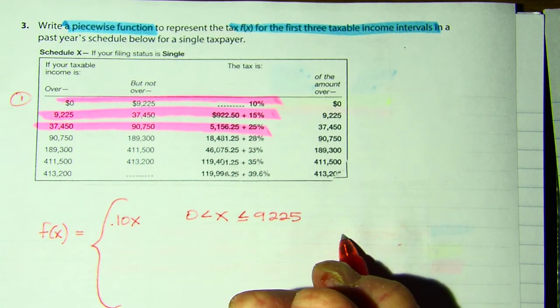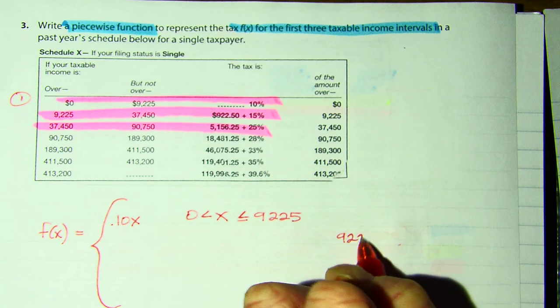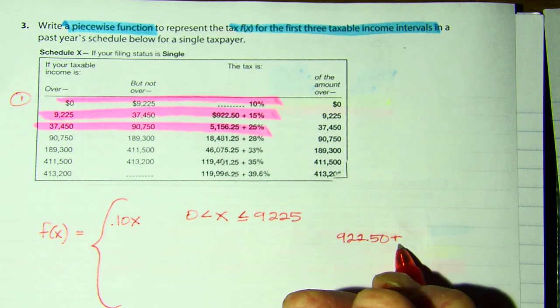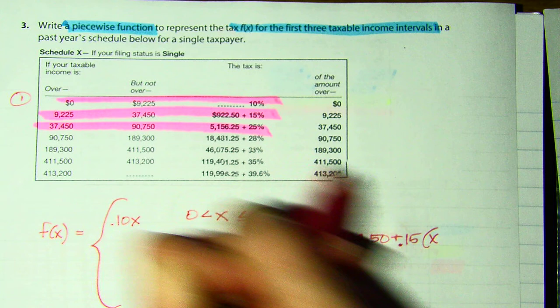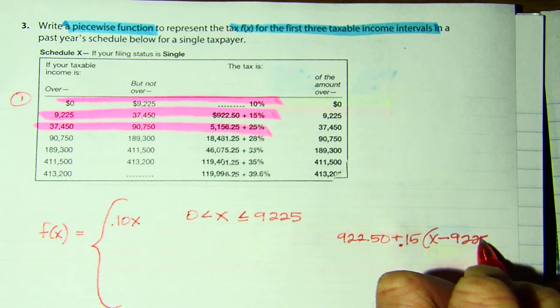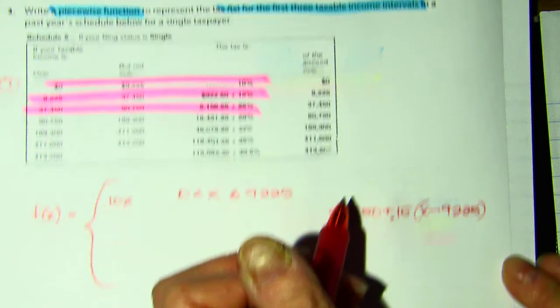So for this next bracket, it would be 922.5, which is written right here, plus 0.15 of x minus anything you made over 9,225. And so I have to simplify that for this next one.